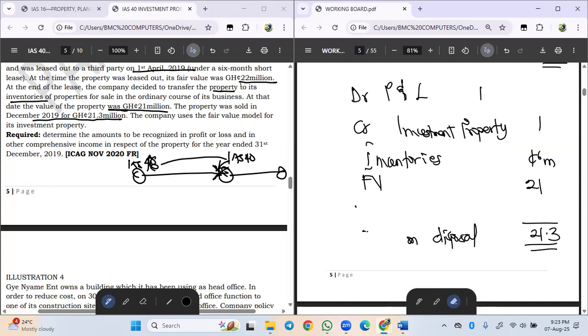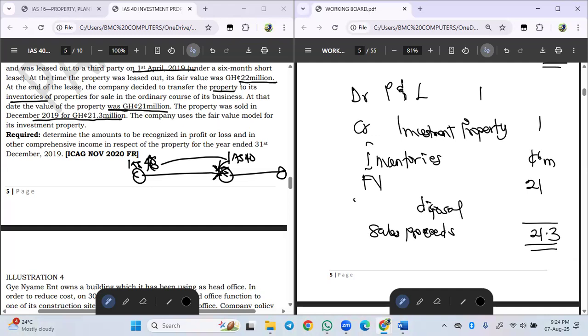This one is sales proceeds. Are you getting profit or loss on disposal? A profit of 0.3.